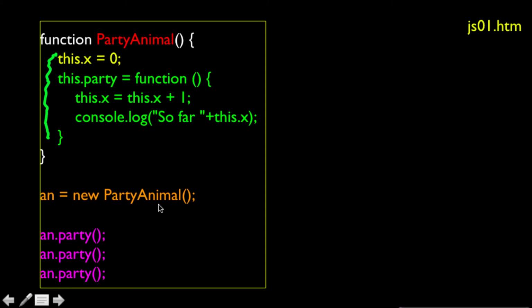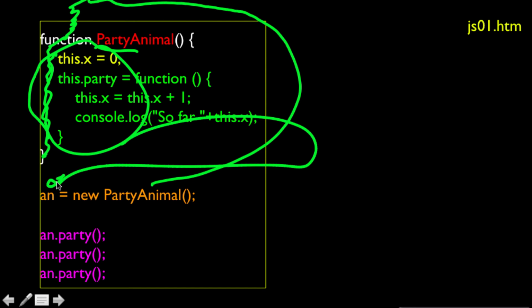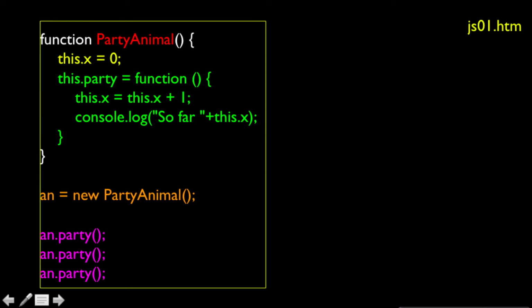So when we say, I would like a new party animal, it actually runs this code, all of it, all the way down, and then the function that comes back is returned and put in the variable an. So function makes a new function, basically. It, in effect, clones the code.